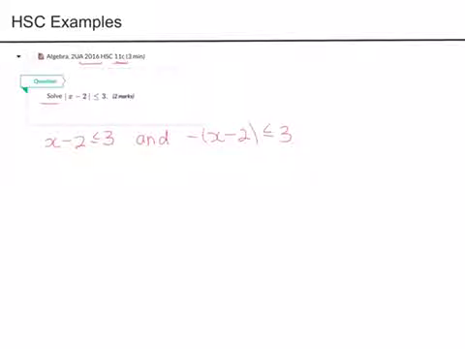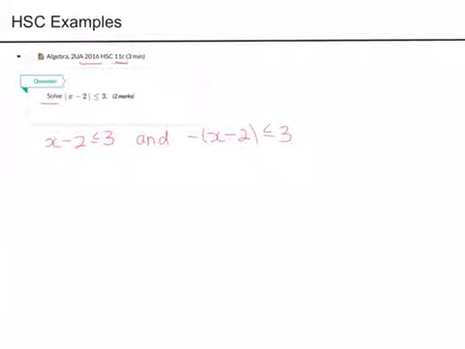Just like before, when the absolute value of 4 gives us the same result as the absolute value of negative 4, in this case, the absolute value of x minus 2 gives the same result as the absolute value of negative (x minus 2).